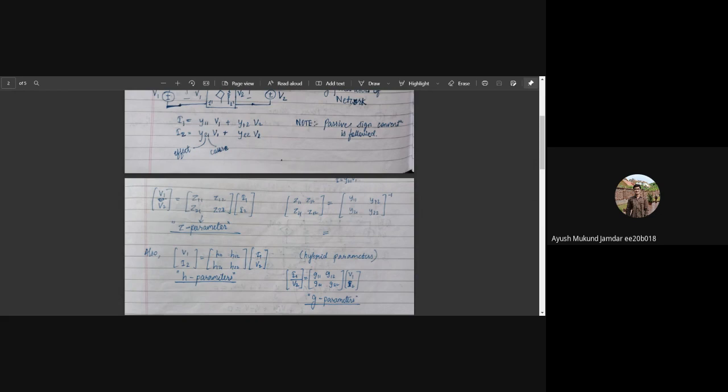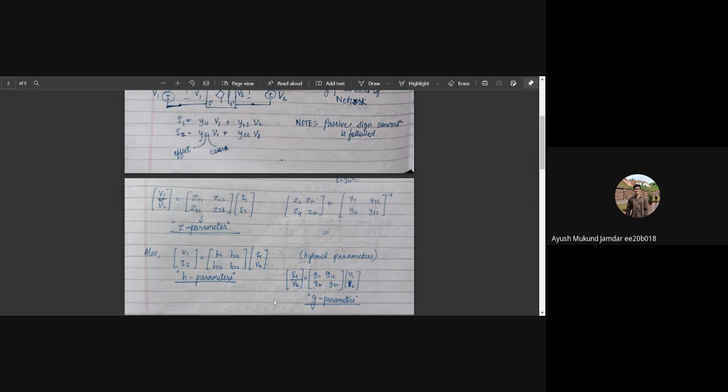Similarly, we can also have the V1, I2 column vector equal to H11 H12 H21 H22 times the I1, V2 column vector. This is called the H parameter. And the G parameter, where we have I1, V2 expressed as a linear sum of V1 and I2. This time they are called G parameters.